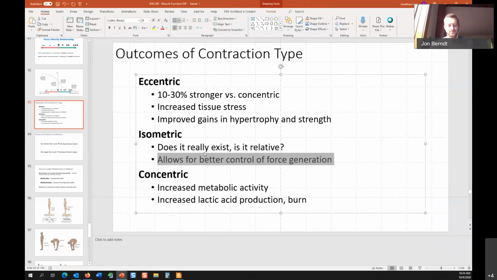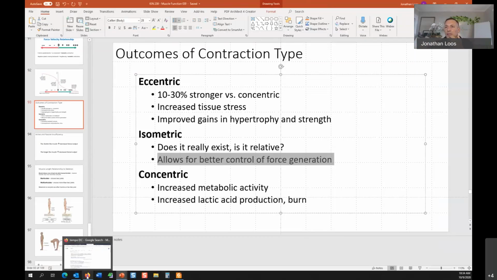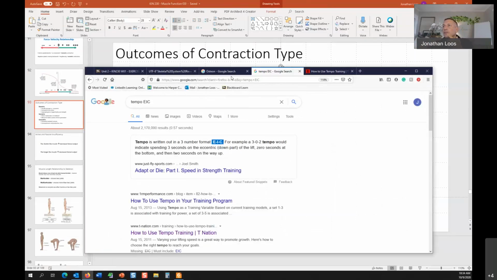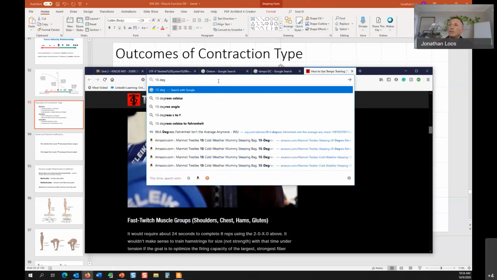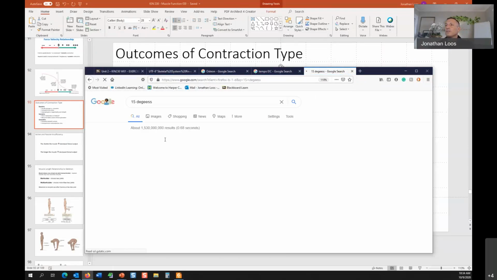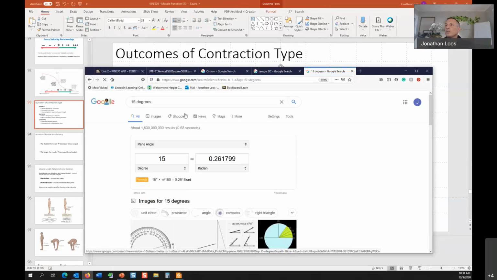But what's cool about isometrics, and we didn't talk about it because I think it's more advanced, let me pull up an image here real quick.